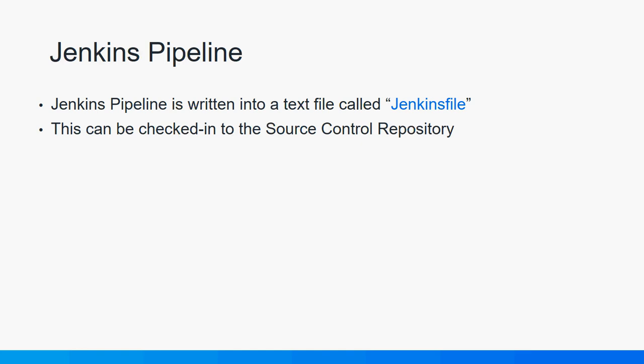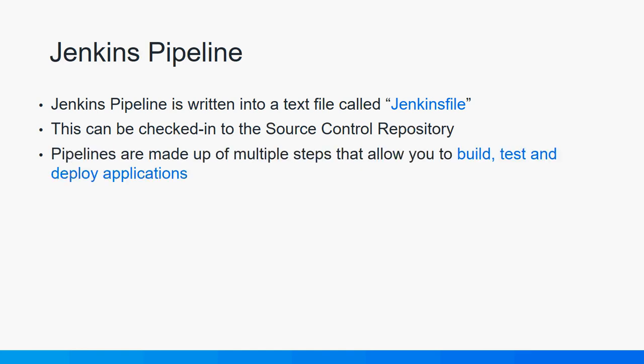So Jenkins can pull this Jenkinsfile and run through the entire pipeline in each version, for each check-in. That is one very important aspect here: the structure of the pipeline itself is being checked into the source control repository.